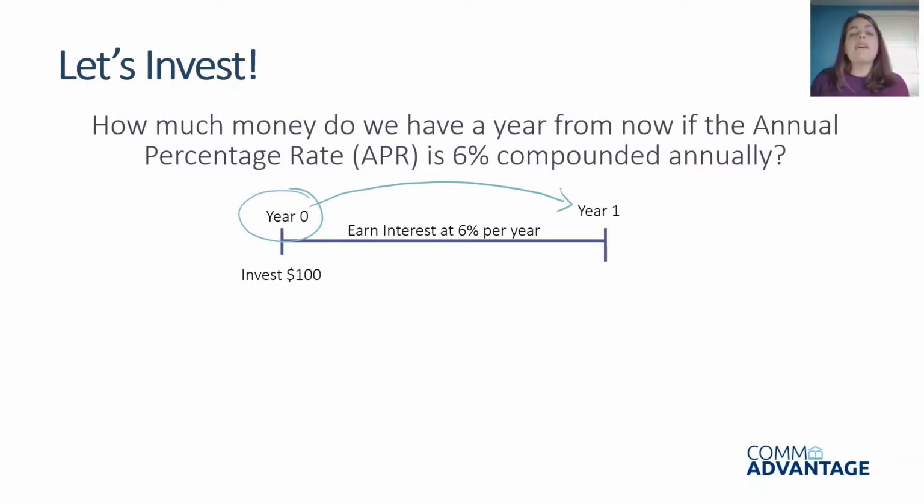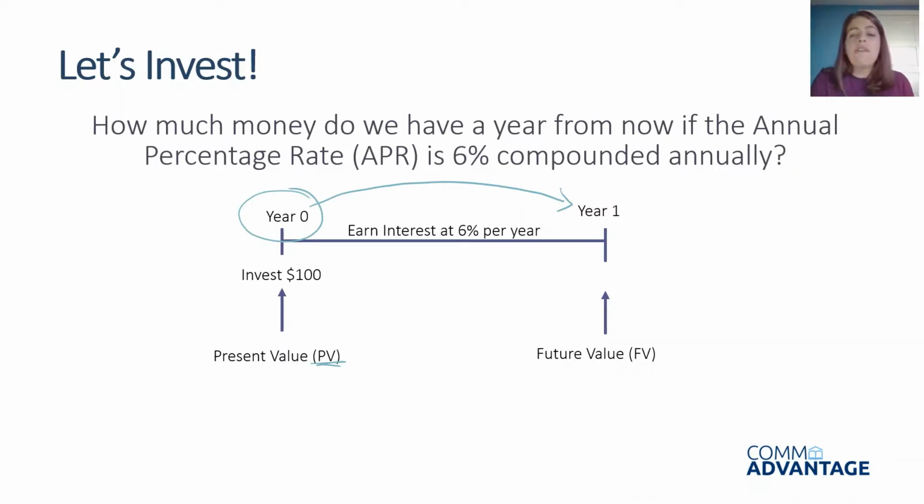So if we were to invest $100, this $100 is called the present value. Present value, denoted as PV in our formulas, is us saying this is the dollar amount in today's dollars. What we want to find here is the future value. How much is this money going to be worth a year from now?